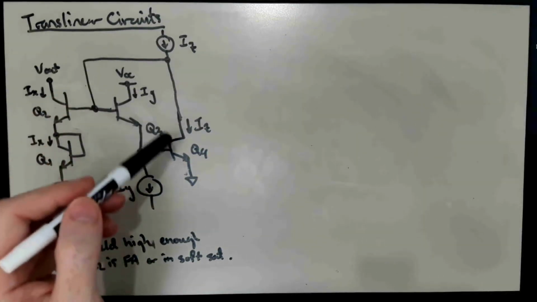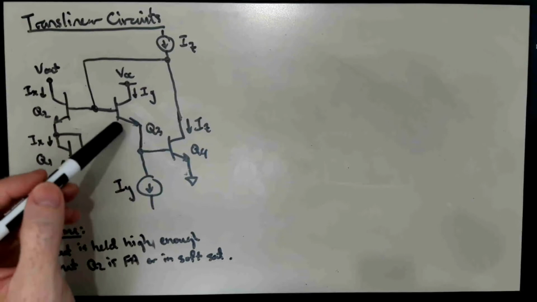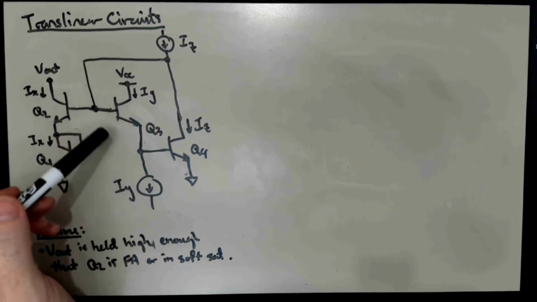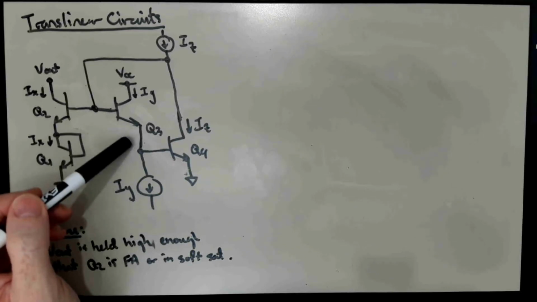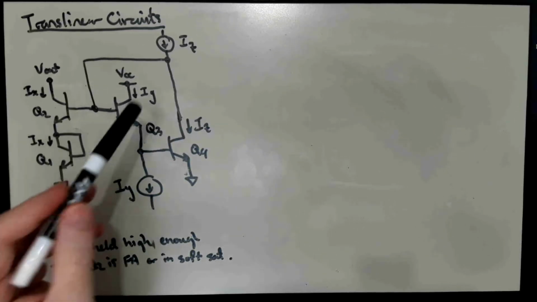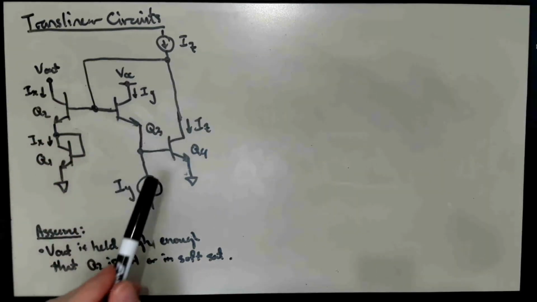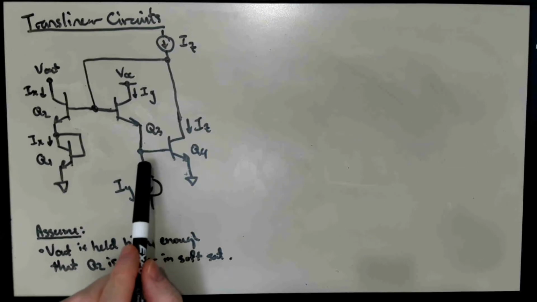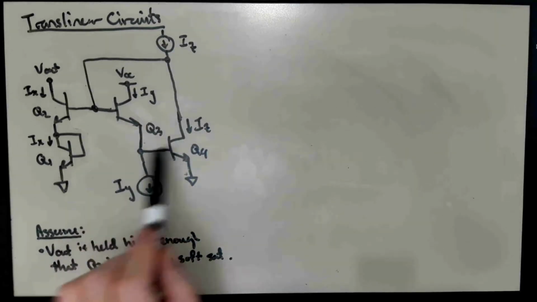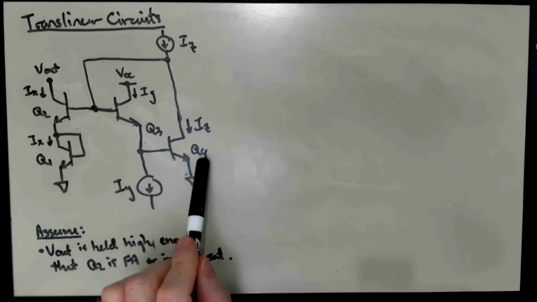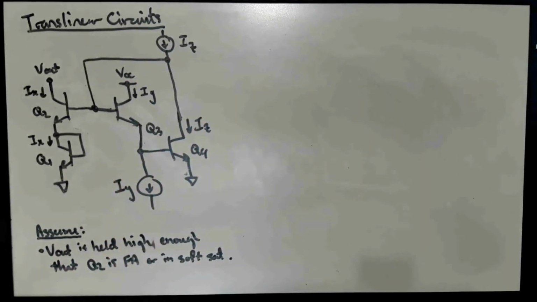And so the negative feedback loop is preserved through this extra stage of amplification, or this buffering stage. So we can do that, and IZ will be accepted by Q4 as the input current, and this feedback loop will figure out what voltage we need on the base of Q4 for Q4 to accept IZ. Okay, so that works just fine.